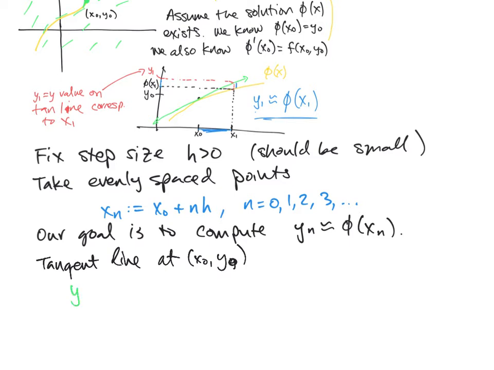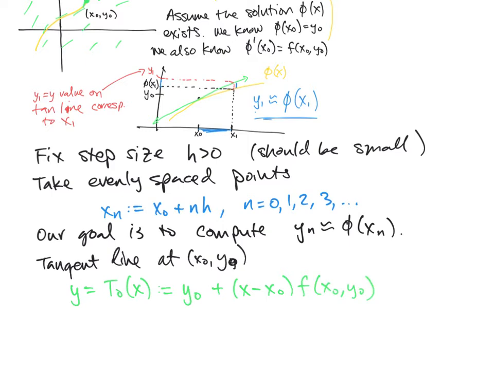We're going to call this tangent line t naught, the tangent line at x naught, y naught. So it's some function of x, which we're defining to be y naught plus x minus x naught times the derivative, which is f at x naught, y naught.